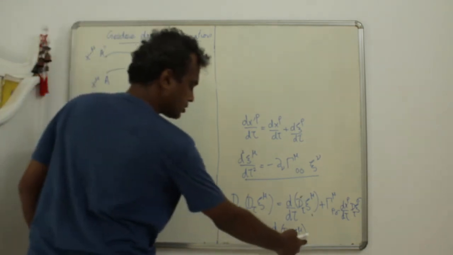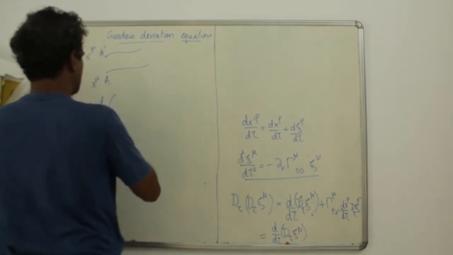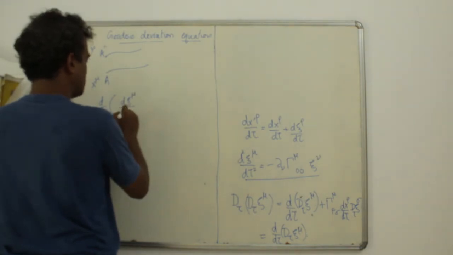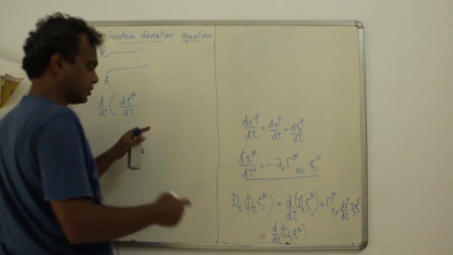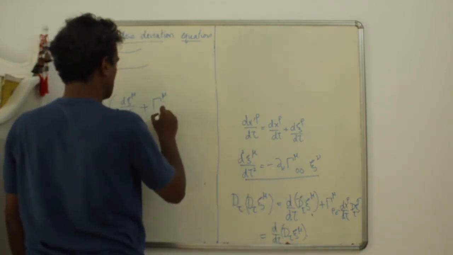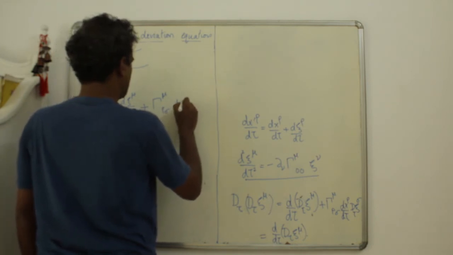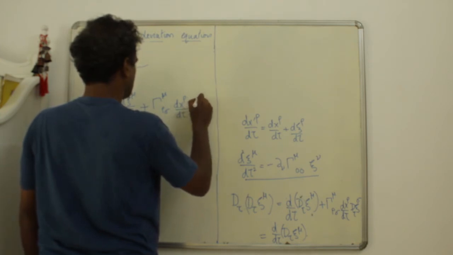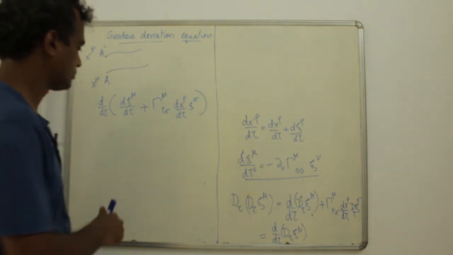By expanding out the covariant derivative, that gives us d psi mu by d tau as the first term inside the bracket, and gamma mu rho sigma dx rho by d tau into psi sigma as the second term inside the brackets.